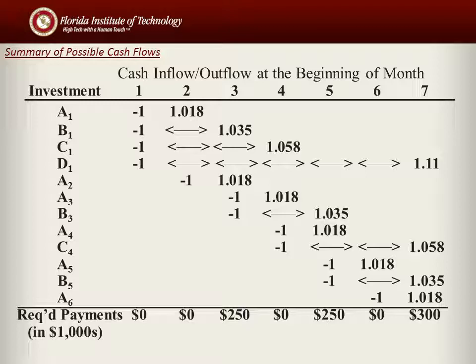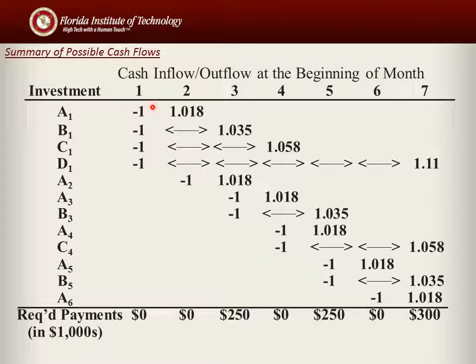If you recall, investment A has a maturity period of 1 month. So you can invest in investment A in month 1, and in month 2, that's why you see A2 here as a -1. In month 3, A3 is a -1, and in month 4, A4 is a -1, and so forth.